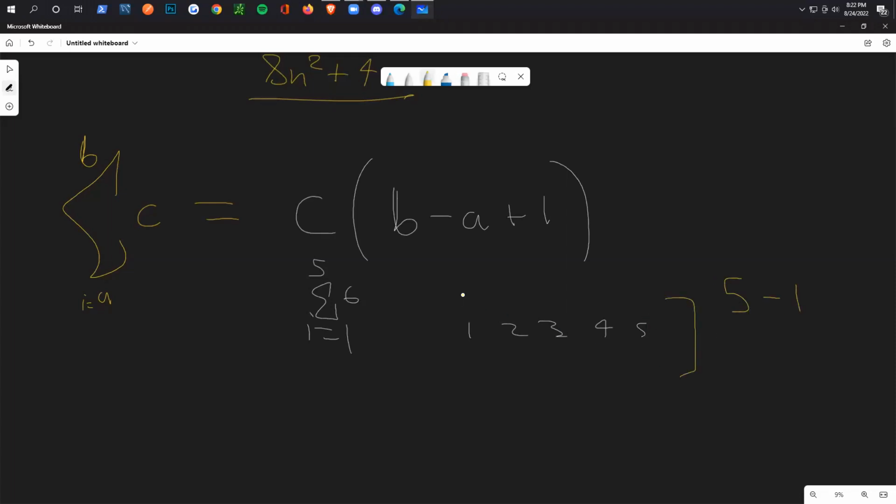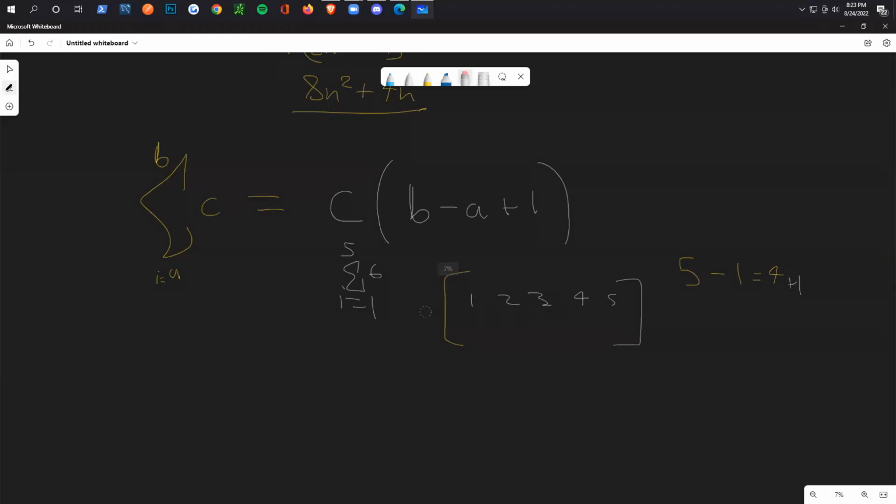So imagine you have an array, 5 minus 1 gives you 4, and then you have to account for the last element, because it's kind of like exclusive of 5. So you add 1, and that'll account for that last iteration, so it becomes inclusive. And then you just multiply by 6. So that's kind of how the logic works.